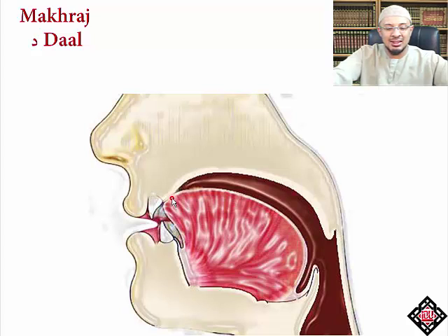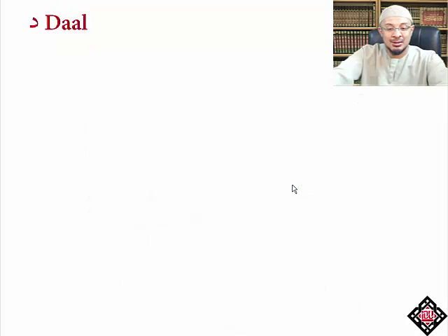So we see that this is different than the English ad. That's wrong. Ad, ad. So softer. And we see the tongue is nice and curved. Again, different than English.